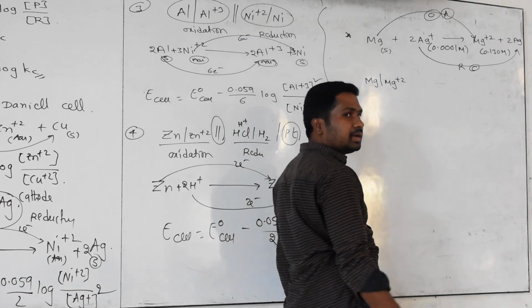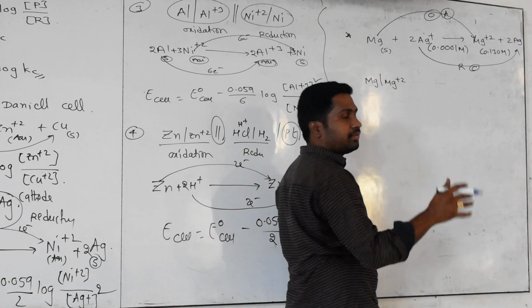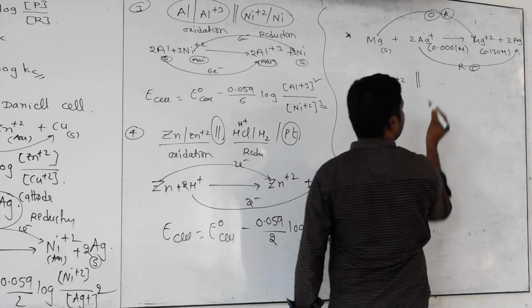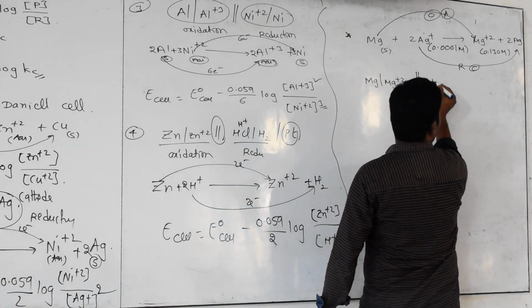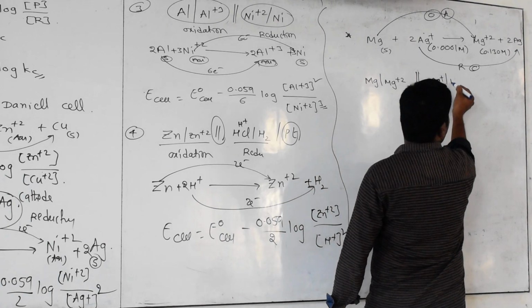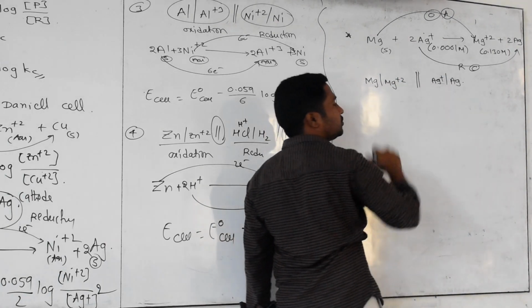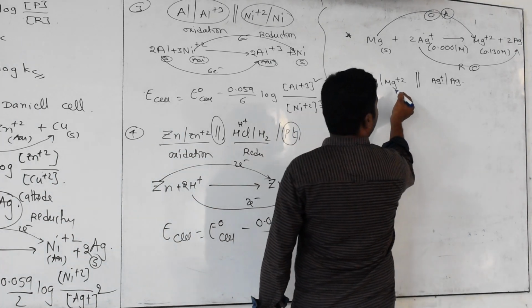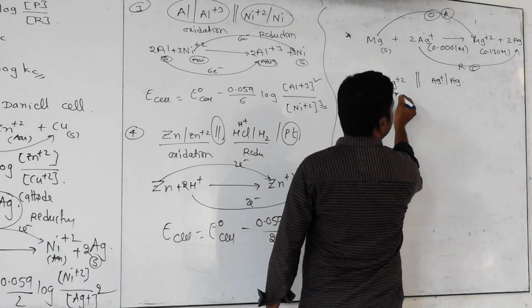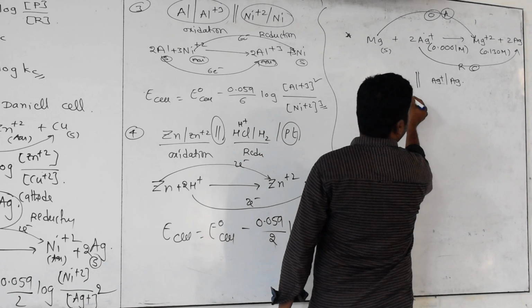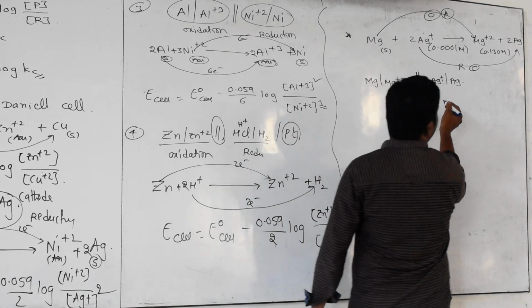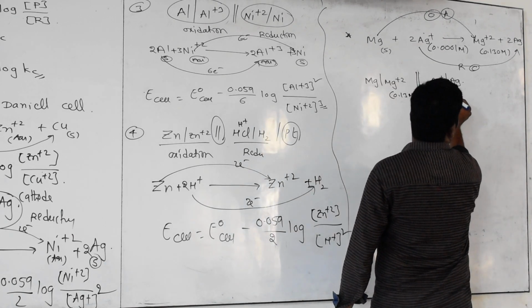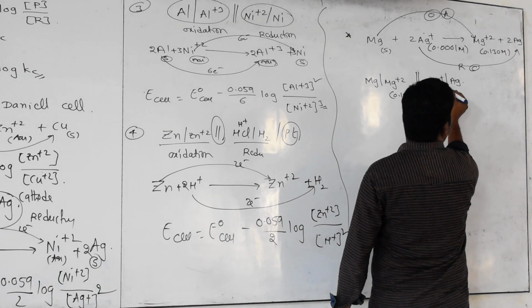The single vertical line represents a physical state difference, and the double vertical line represents the salt bridge, and Ag+ is becoming Ag. No need to show coefficients. If you want it clearly, the Mg+2 concentration is 0.13 molar and the Ag+ concentration is 0.0001 molar. I have to show it like this.